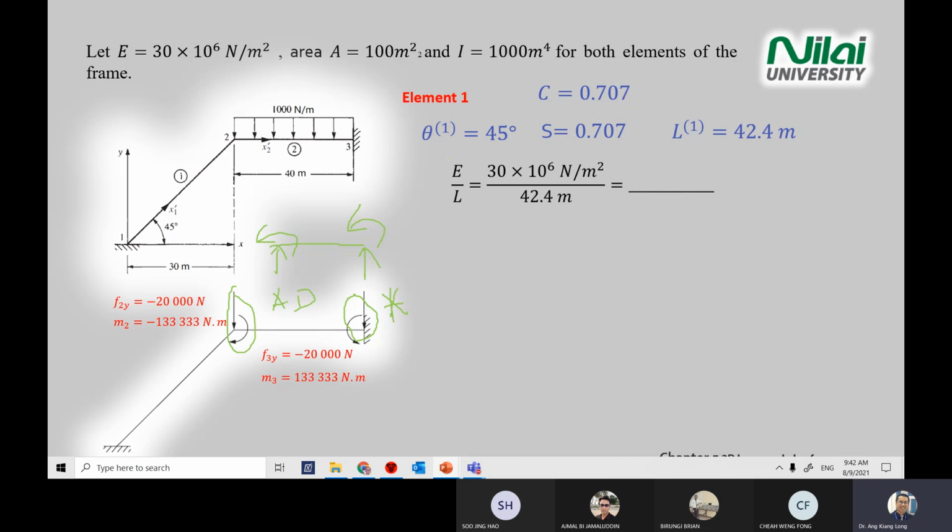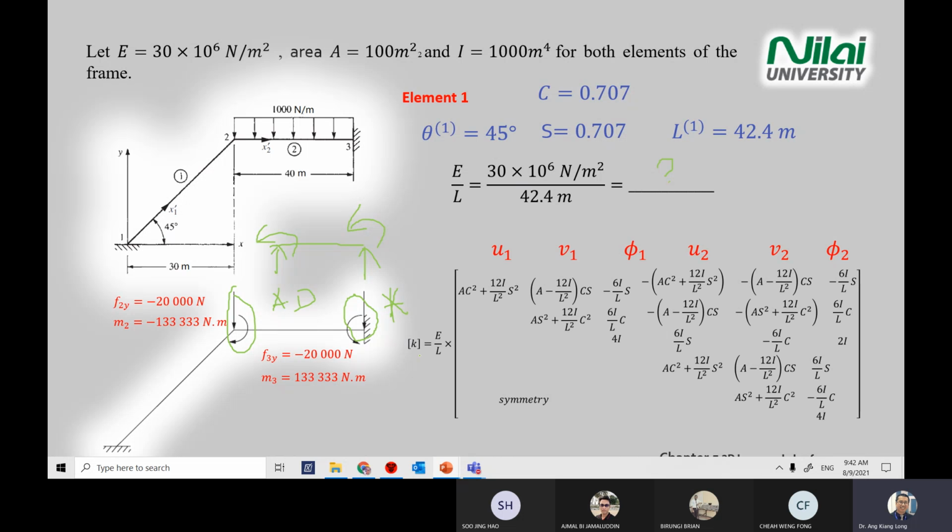So you calculate the first unknown, EL equal to what value? You calculate, right? I'm not going to give you, but you just substitute the value. Then after that, you use the K matrix that we derived just now. Okay, the very big matrix. You write K matrix equal to EL. You calculate the value. After that, you assign the ticketing number for element 1.